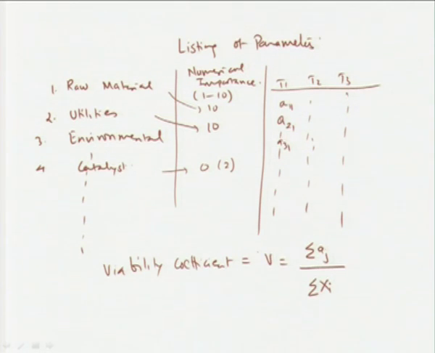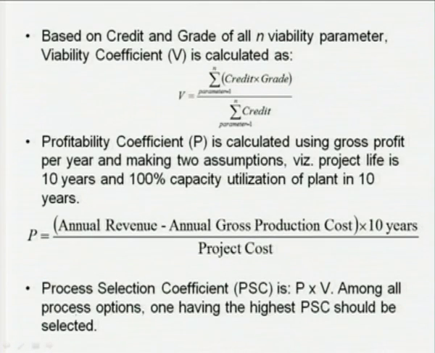Similarly, we can also estimate the profitability coefficient, but for profitability we are a bit luckier in that we have some quantitative definitions. Profitability parameters can be directly quantified by means of projection of the profit generated by the project over its lifespan. Now, we assume that the typical lifespan of a project is 10 years. So, the gross profit that a project makes is the annual revenue, the sales, minus the annual gross cost of production.